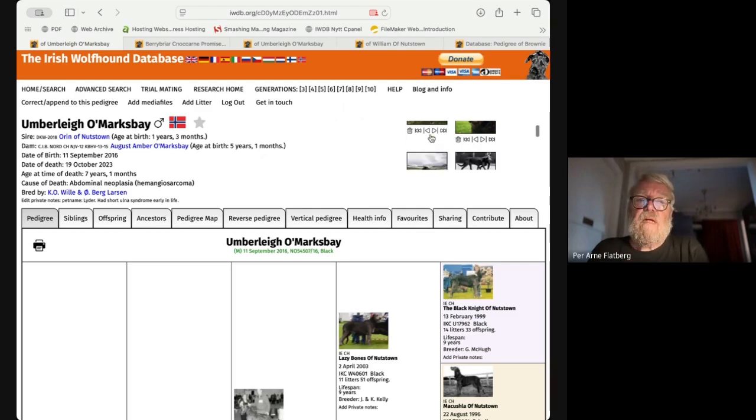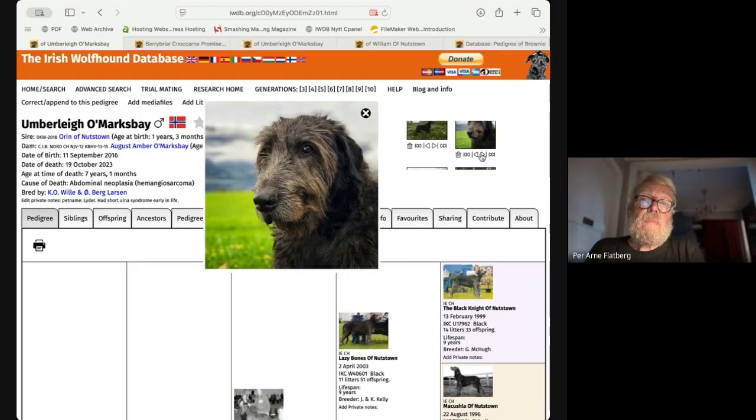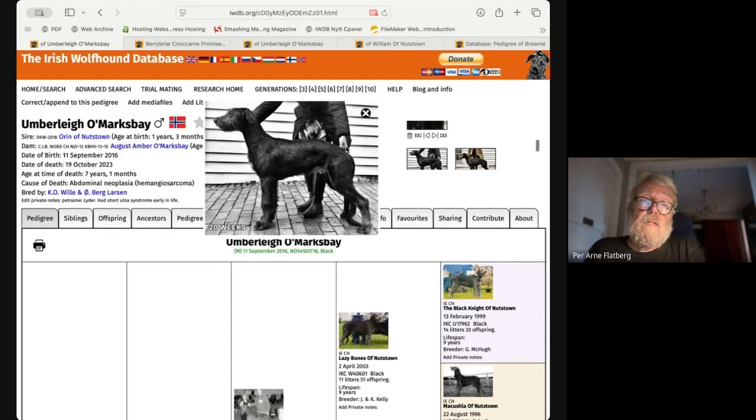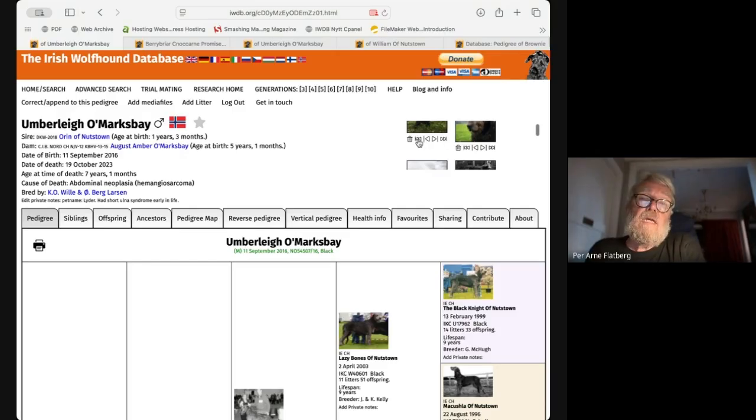On top here, we have a number of photos. It's scrollable. So with Lyder, we have quite a few of them. I can click on any photo and get it up here. Like that. And if I'm registered as a user and have uploaded photos myself, I can also delete or move them with these arrows here.